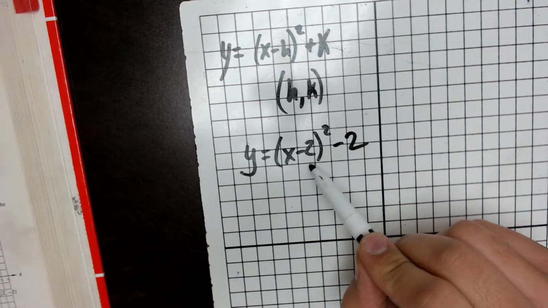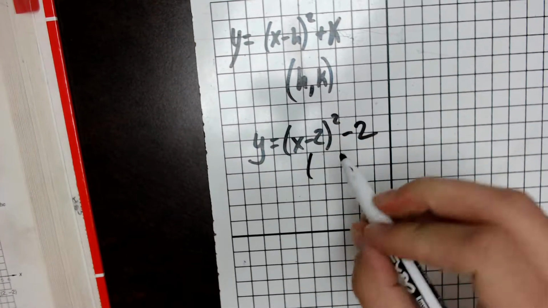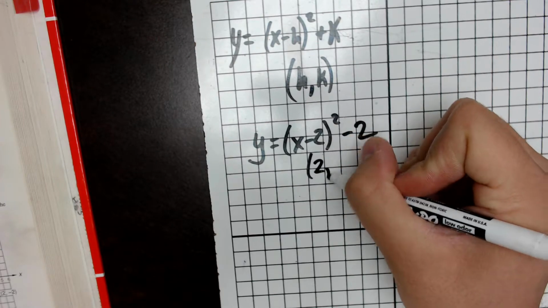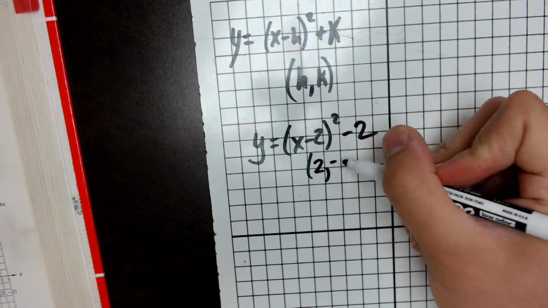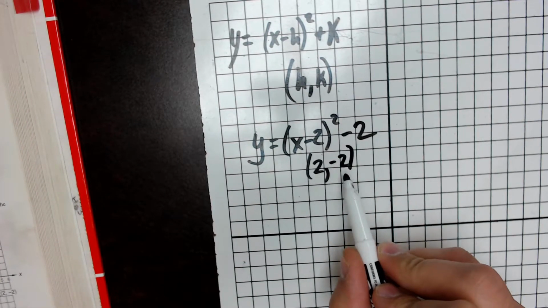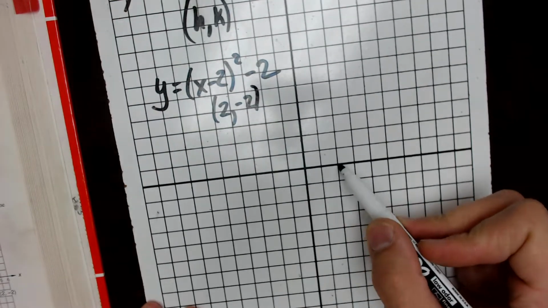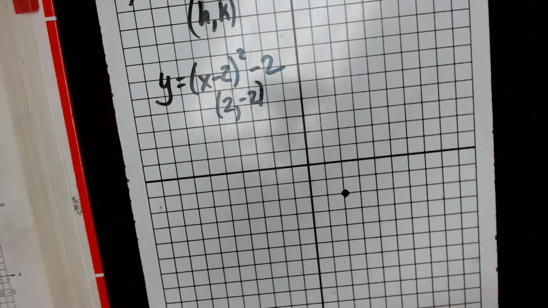Since this is -2, the actual value of h is positive 2. And k is going to remain the same sign, so the vertex would be 2, -2, for h and then k. We know this point is the vertex of our parabola, so we'd go to 2, then -2.